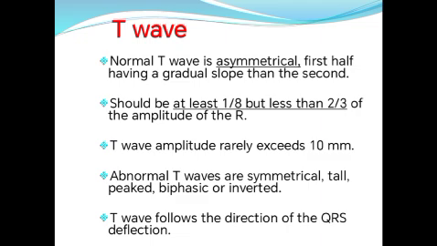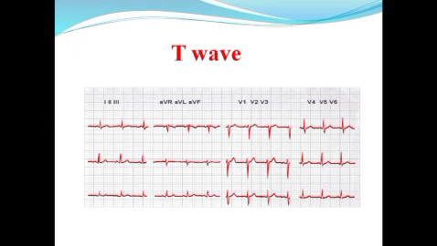You should differentiate between the ST segment and the T wave, and I will explain this. Here are T waves in a normal ECG. As you see, they are symmetrical and usually follow the deflection of the preceding R wave. In aVR usually it is inverted, which is normal.